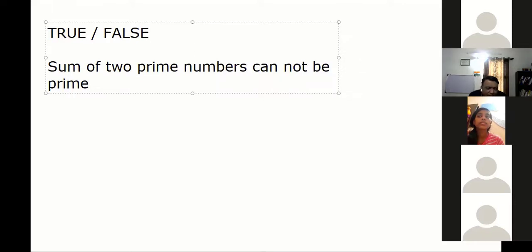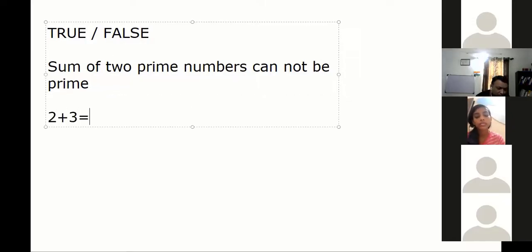What do you say, guys? It can happen, right? See, 2 plus 3 equal to 5. 2 is prime, 3 is prime, 5 is prime. So it is false. It can happen, right? Agree, everybody? So it is false.